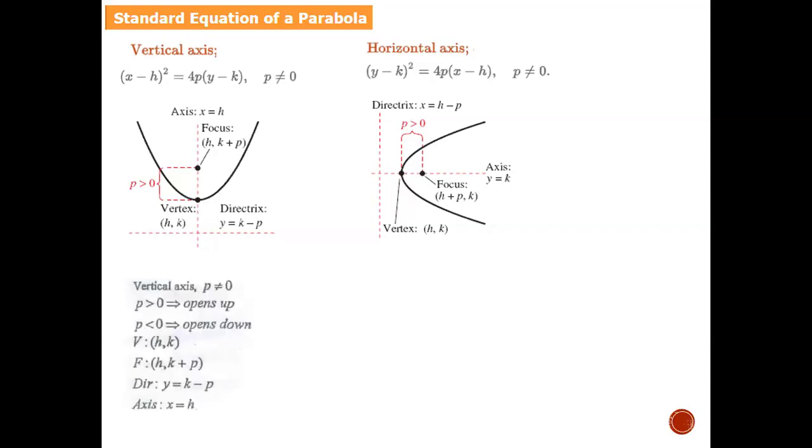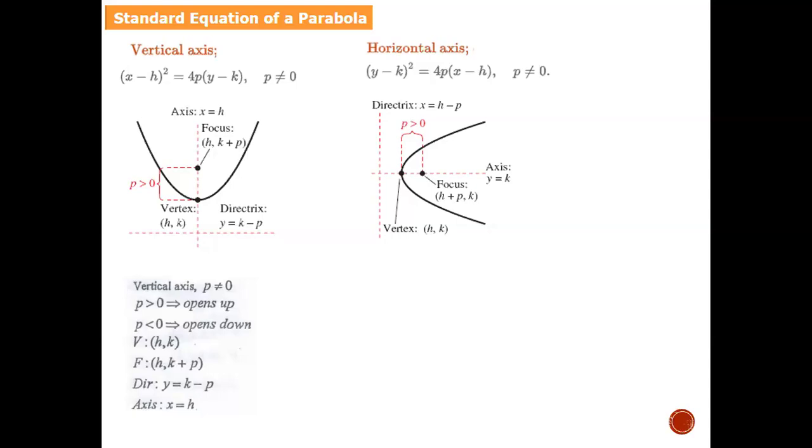A few points to look at when we're looking at the vertical axis. When P, which is our focus distance, is greater than 0, it's opening upward. When P is less than 0, it's pointing downward. Our vertex is (h, k), and we have a directrix.